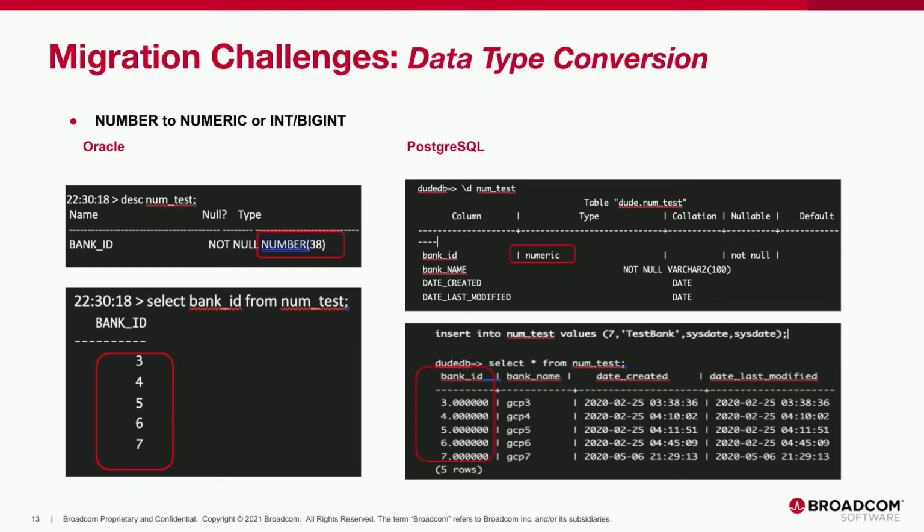In the beginning we didn't realize that, and later we realized that a plain numeric has a default precision and scale value attached to it.